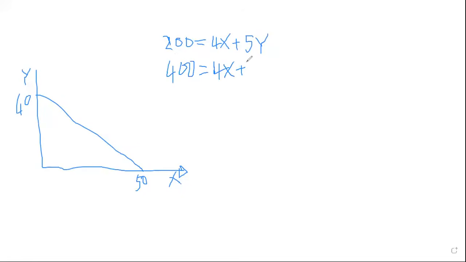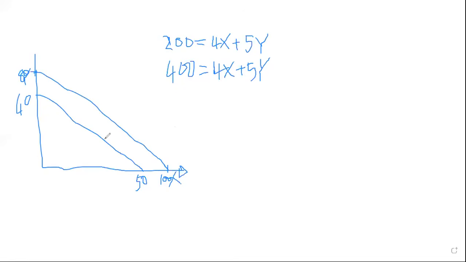So plus 5y. So let's draw the budget line for this new equation. You see that y will also double, so we have 80 here, and then this will also double. We can have 100 here, or we'll have 100 there, and then you draw the straight line.